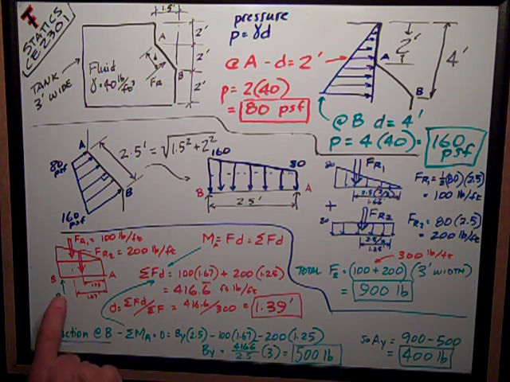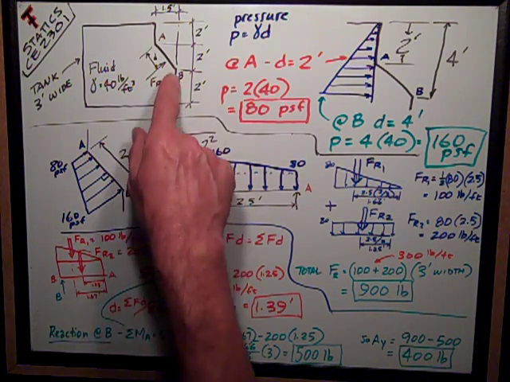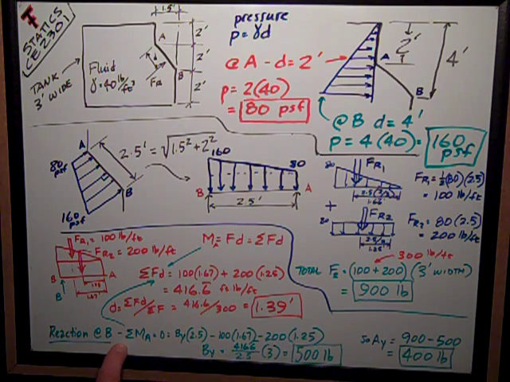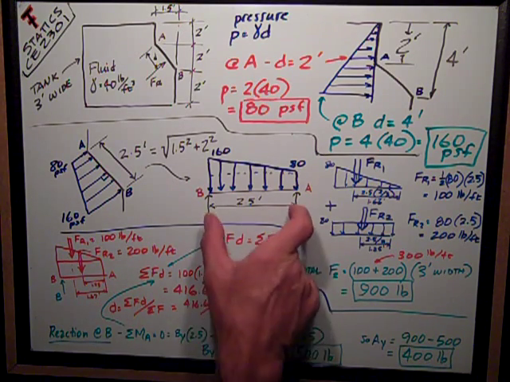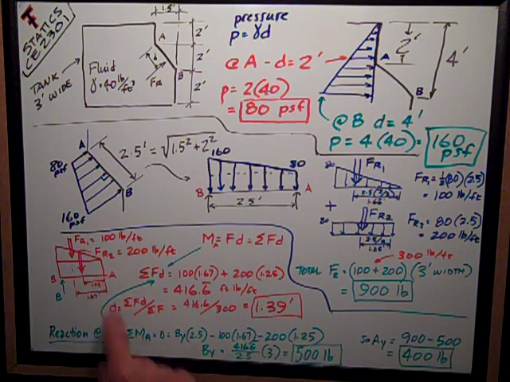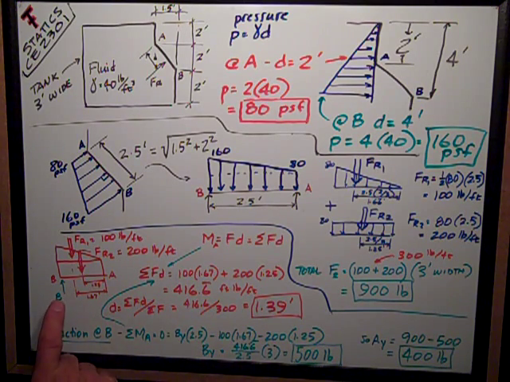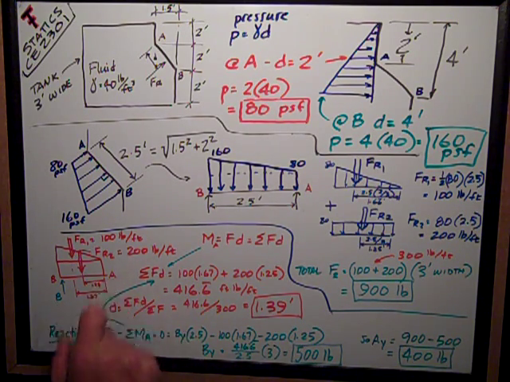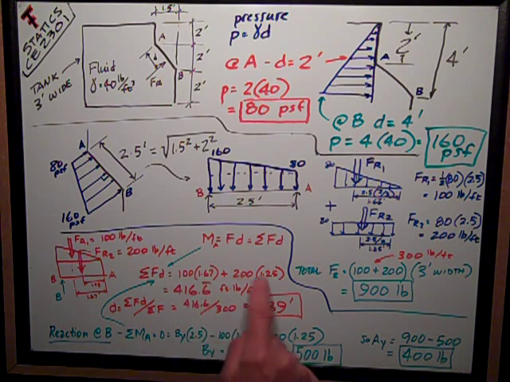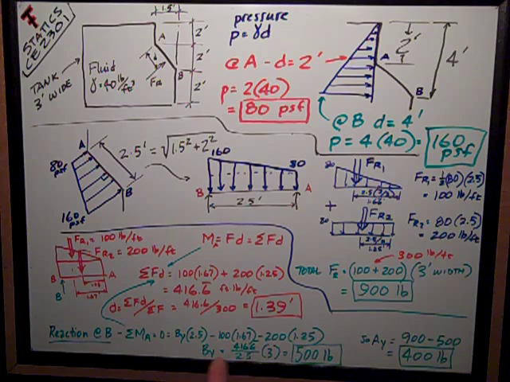If I wanted to know the reaction at point B, say for a fastener or a weld, if I was welding that part of the tank, how much force would I have to resist? Once again, I'm just summing. It's just like a beam reaction. I'm summing moments about point A. B times the distance, 2.5 feet, minus this number up here, which is the sum of FDs, 100 times 1.67, plus 200 times 1.25, that's this number 416.6, divided by 2.5.